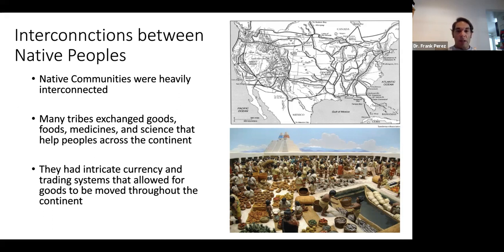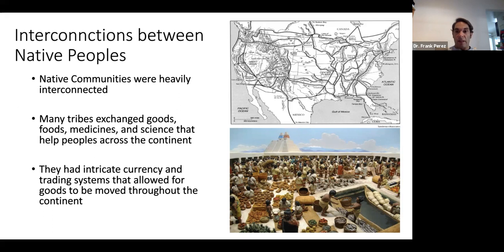And what archaeologists and anthropologists have found is examples of feathers and other artifacts from various parts of the world.